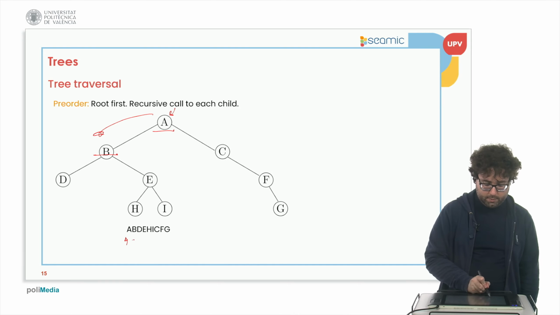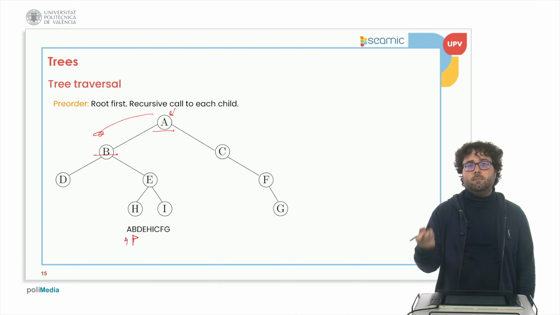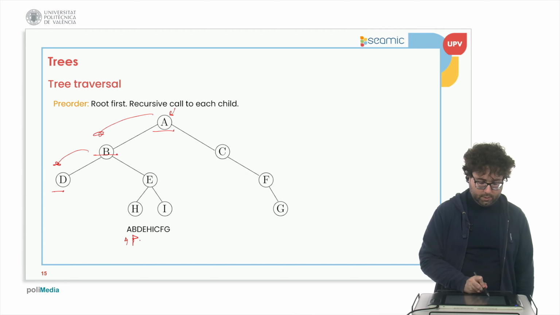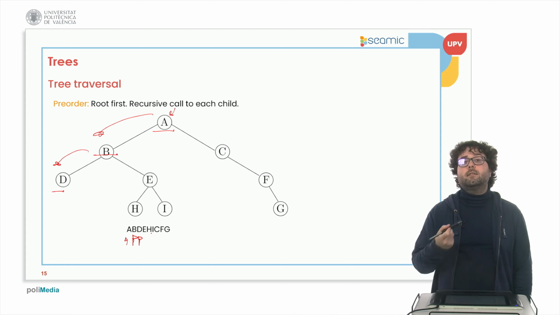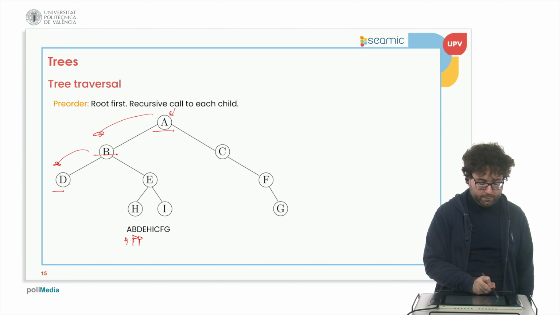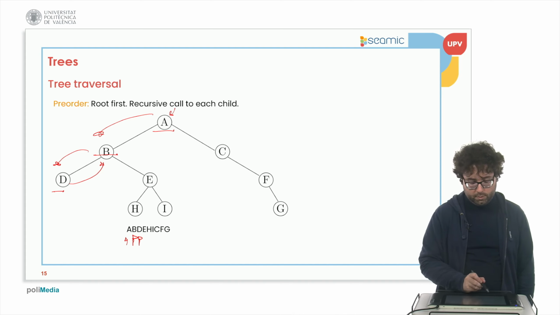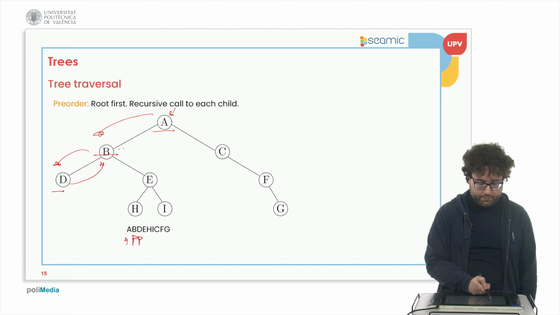We visited the children, make a new recursion, visit that child, and since the child is already a leaf, that means recursion has stopped and we need to go back up. We go back to B and continue the recursive call to the next child.